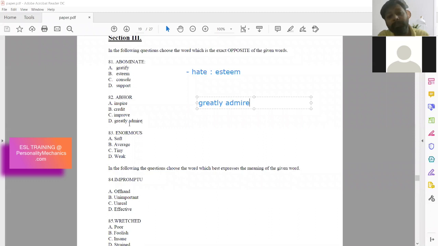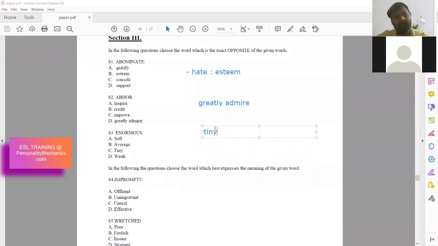Okay. Enormous. Now enormous means something or somebody who is really big, right? Out of proportion, really huge. So the opposite of that is going to be something very small, and that is a word called tiny here. So from this, I can easily understand that it's the small thing.